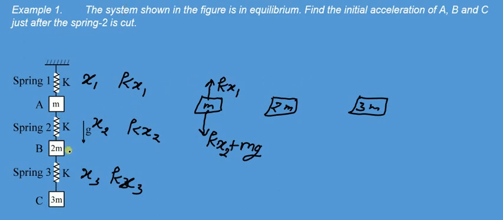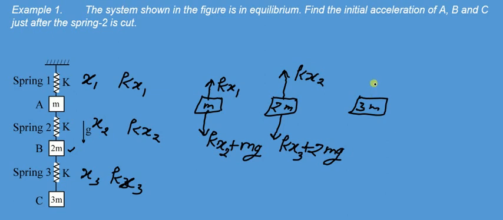On block of mass 2m, spring 2 applies force kx2 in upward direction, and due to spring 3 a force kx3 will act in downward direction, and a gravitational force of magnitude 2mg will also act in downward direction.